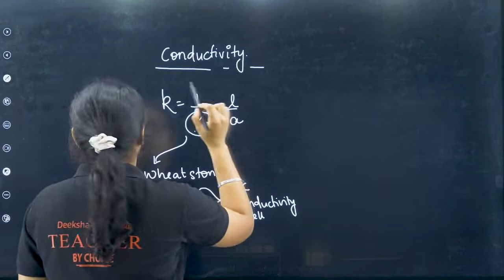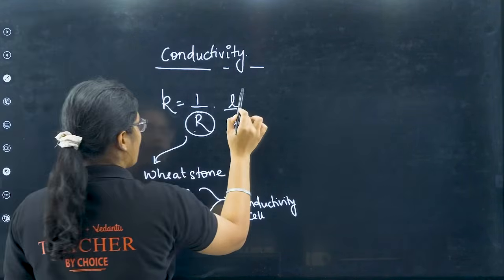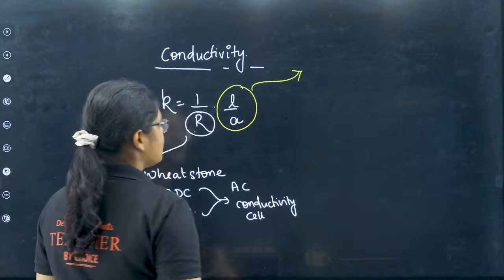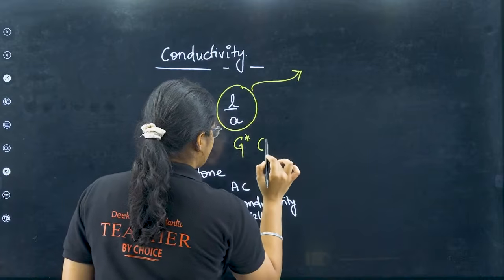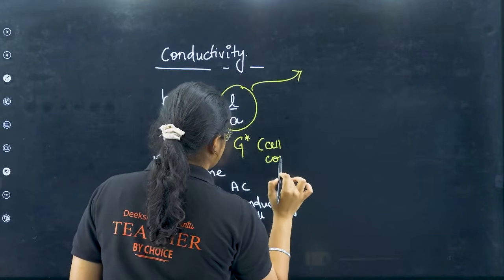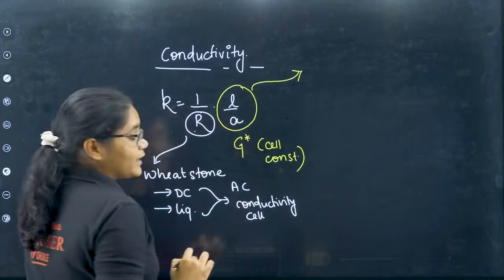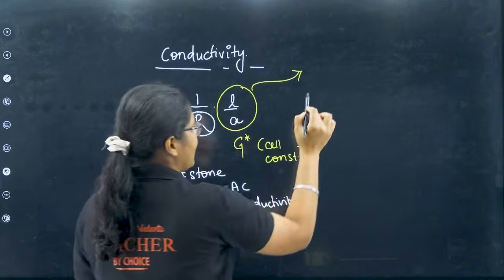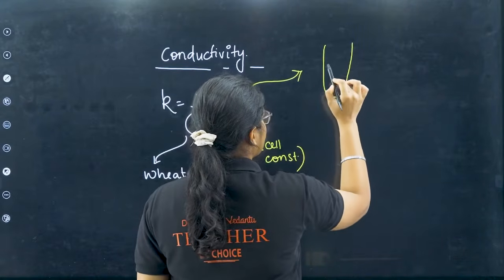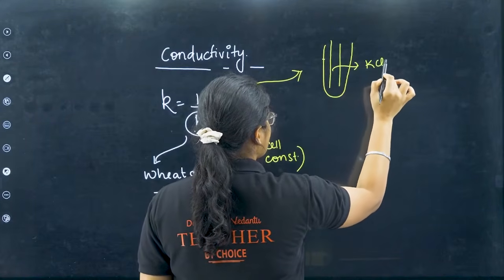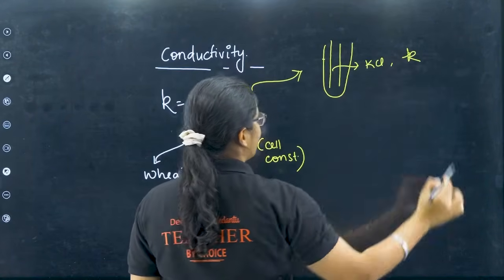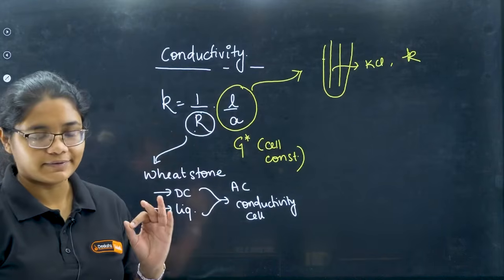Now let's talk about L by A, how to calculate it. This is denoted as G star and is called the cell constant. How to calculate it? I'll take a particular conductivity cell and pour KCl inside it, whose kappa value is known at a certain temperature.